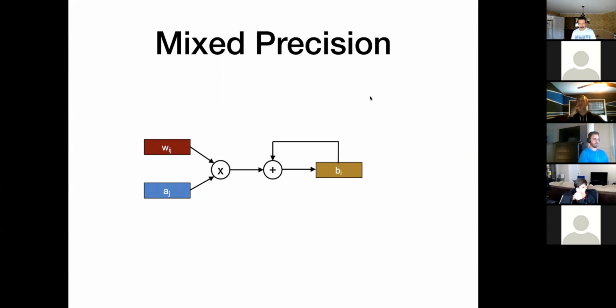So essentially here what you see is the operations that you need for doing inference, essentially calculating this BI. This BI, if you remember, was the output activation. This AJ was your input activation that you needed to multiply with weights, right? So you had some weights.